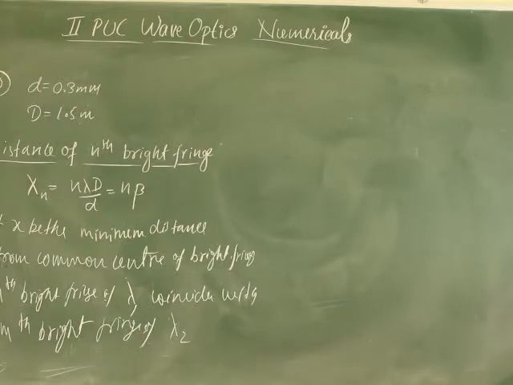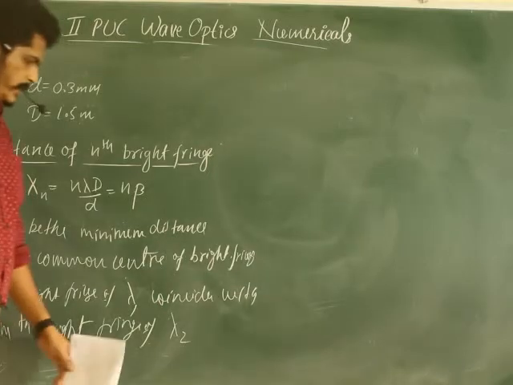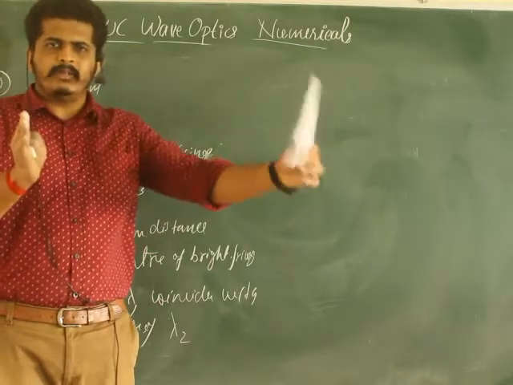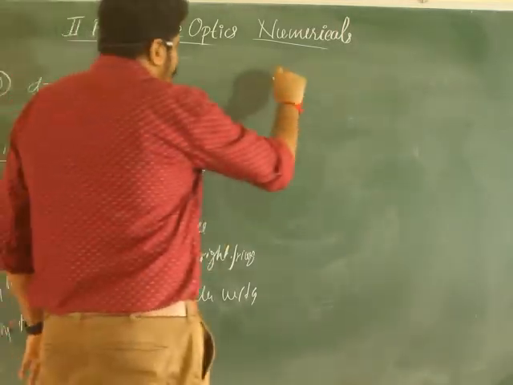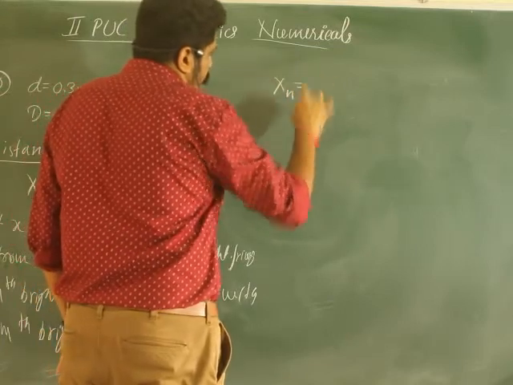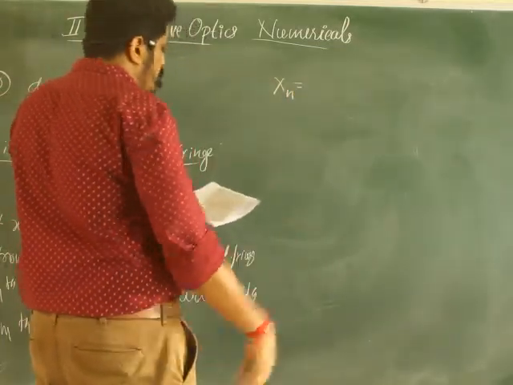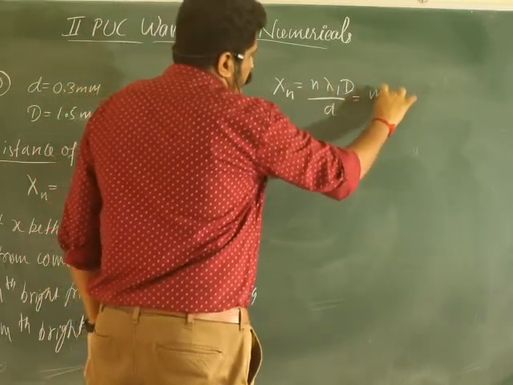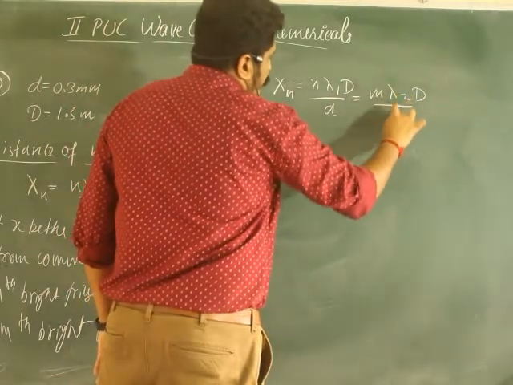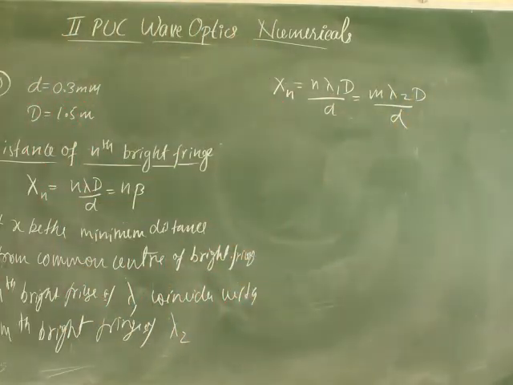For that, the distance is the same for both, because they are coinciding. When they coincide, from the center to the point of coincidence, the distance is one and the same. So I will take xn is equal to n lambda 1 D by d equal to m lambda 2 D by d. Hope you can make out now. Xn is the same for both because they are coinciding.